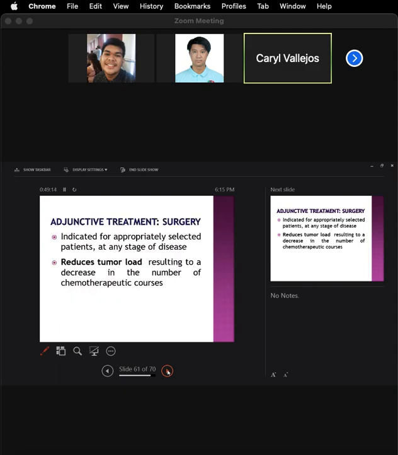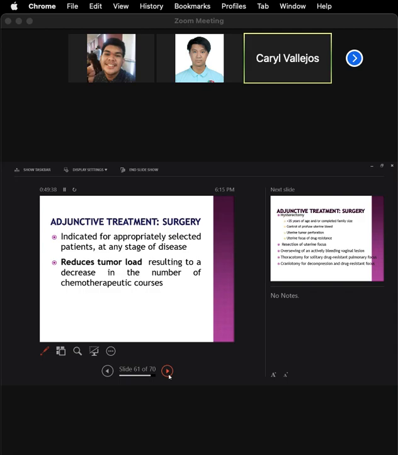So, adjunctive treatments, as I said a while ago, surgery and irradiation, these are only adjunctive treatments indicated for appropriately selected patients at any stage of the disease, and they reduce the tumor load, resulting in a decrease in the number of chemotherapeutic courses. So, what are these adjunctive surgeries?